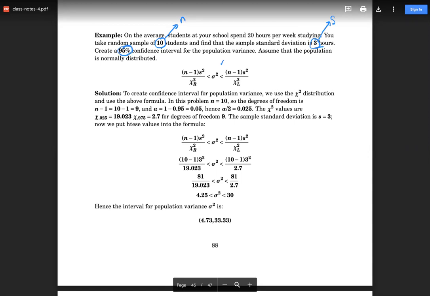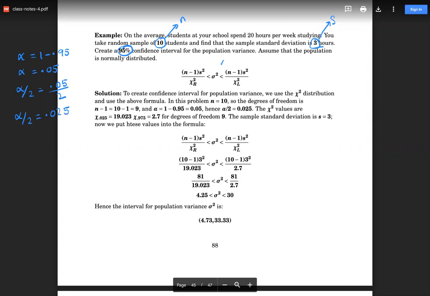So your alpha is going to be 1 minus 0.95, which is 0.05. Now alpha over 2 is going to be 0.05 over 2, so alpha over 2 is 0.025.